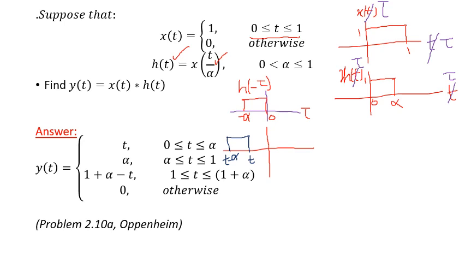So then we multiply and integrate. Because at this side the input signal will be 0, the product of the two will result in 0, so that means y of t will be 0 for t less than 0, t is negative, so y of t will be 0.